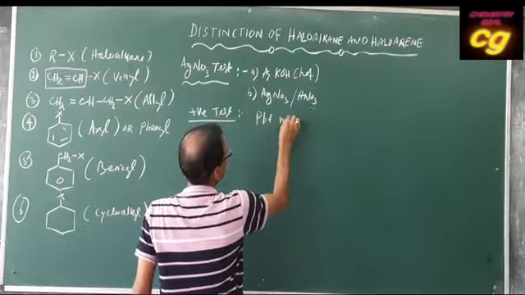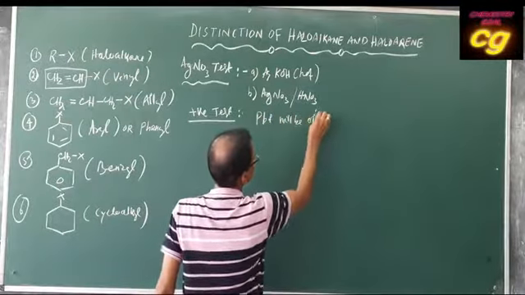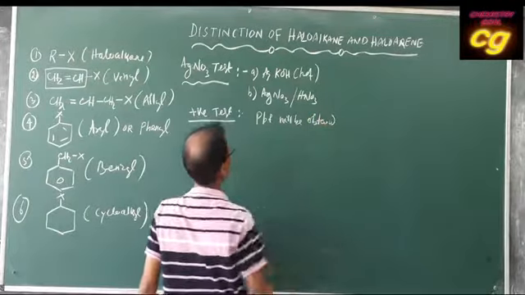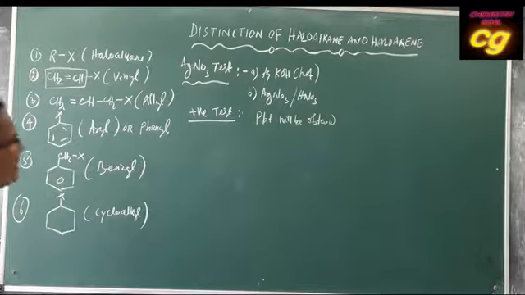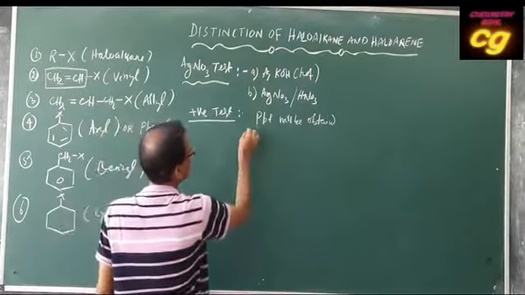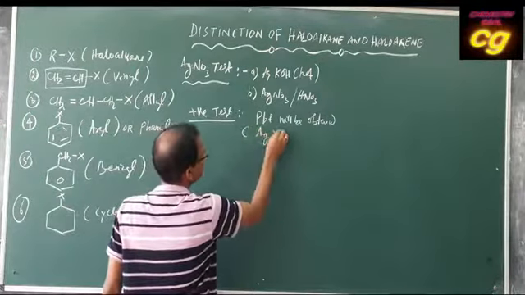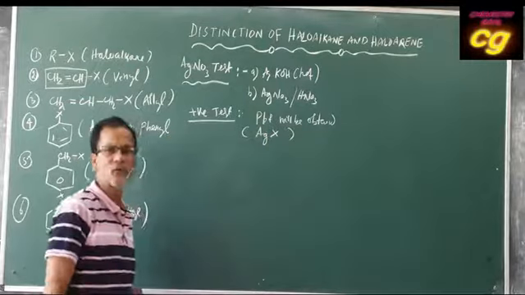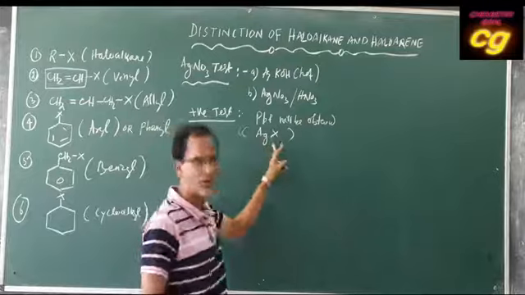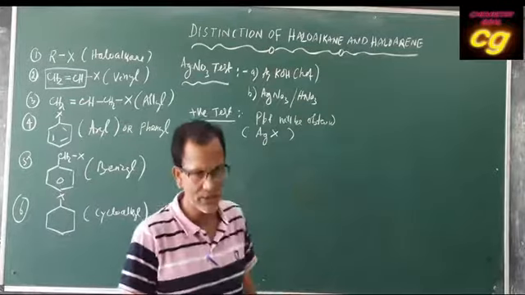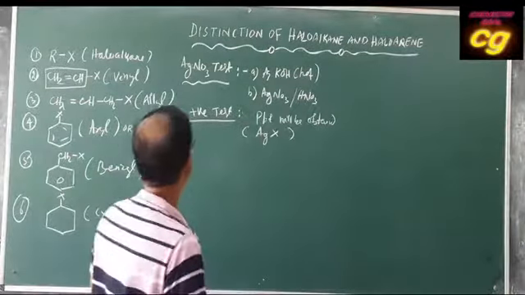What precipitate will be obtained? The precipitate is AgX, as it is water insoluble, so it is obtained as a precipitate.